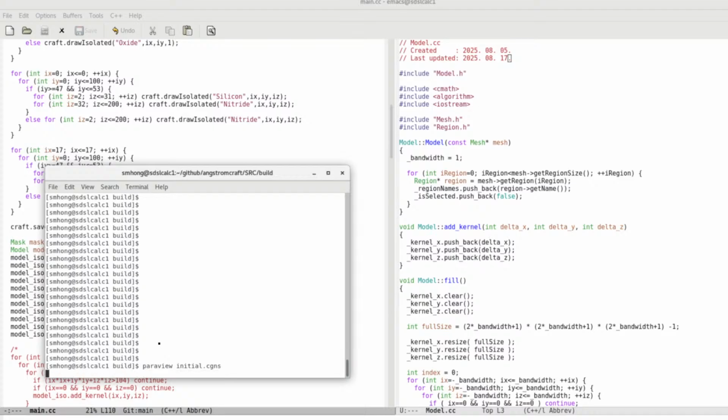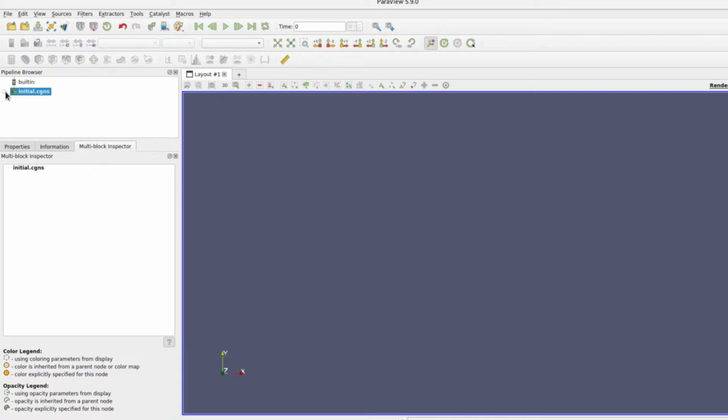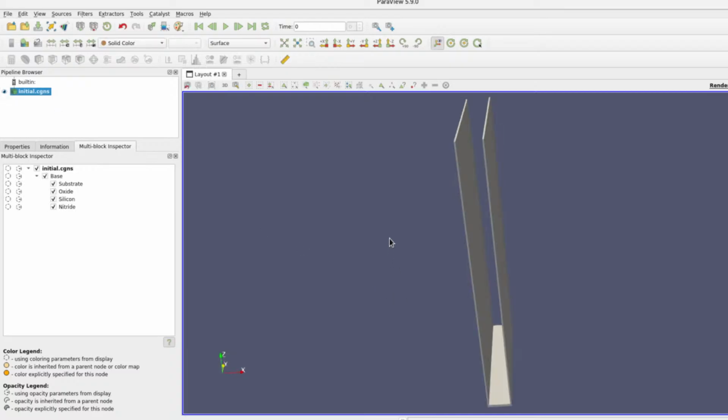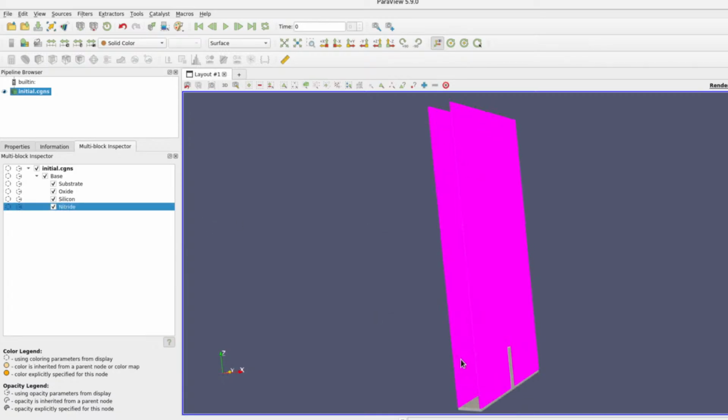Initial.cgns. In this case, what is this? These two walls are corresponding to nitride, the spacer.